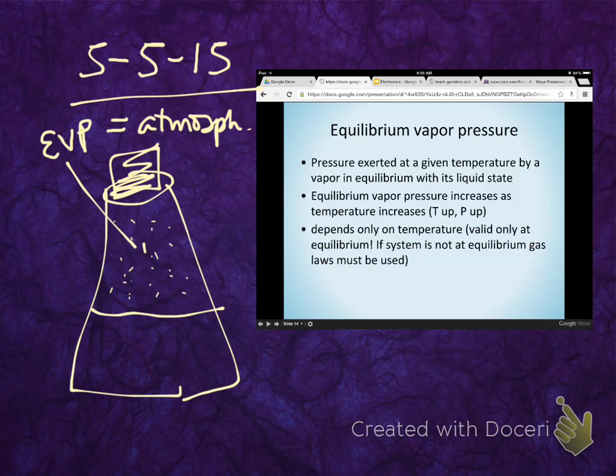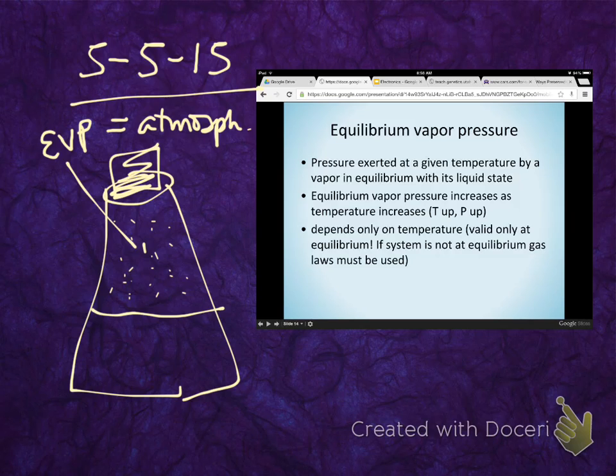What happens when the pressure that vapor is exerting is the same as the atmospheric pressure? When the pressure that vapor is exerting is identical to atmospheric, there is nothing that holds any of those particles in the liquid phase. What does that mean?